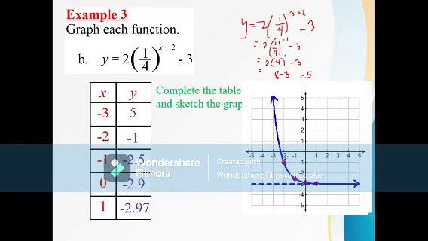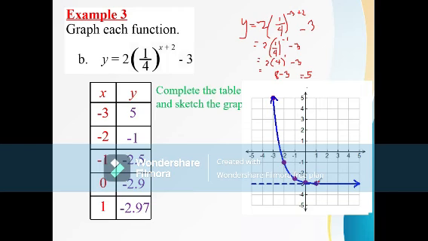We have this point. If x is negative 1, the value of y is negative 2.5. Then if x is 0, the value of y is negative 2.9. If x is positive 1, the value of y is negative 2.97.